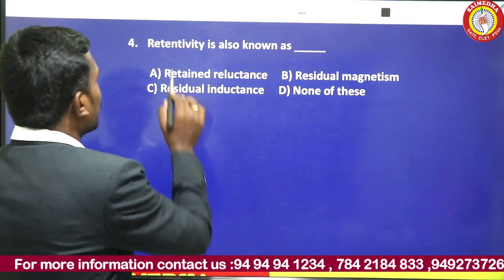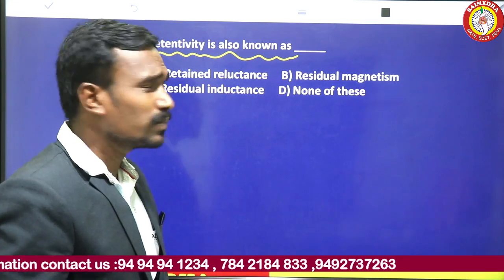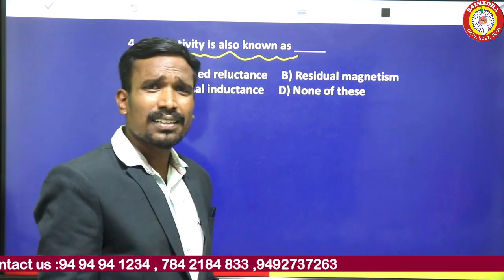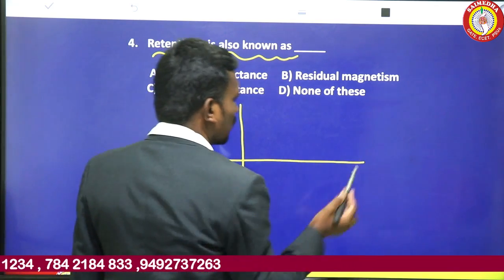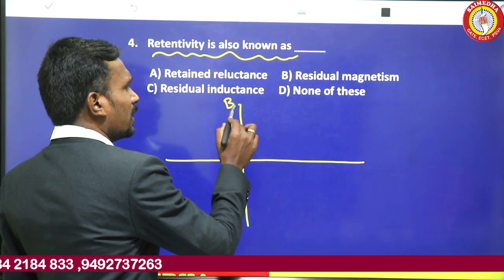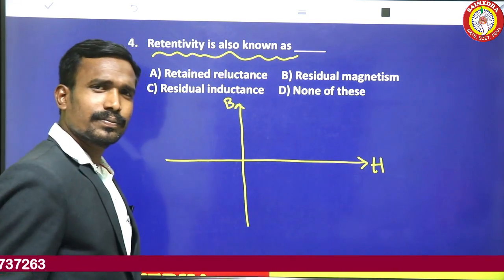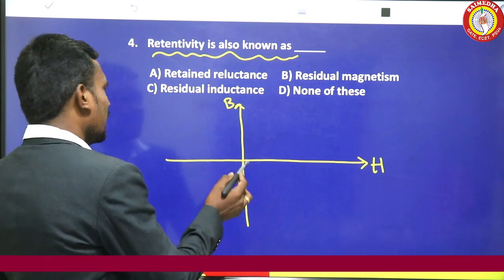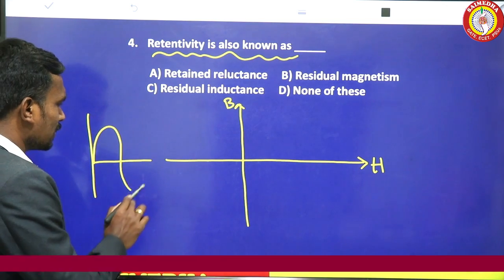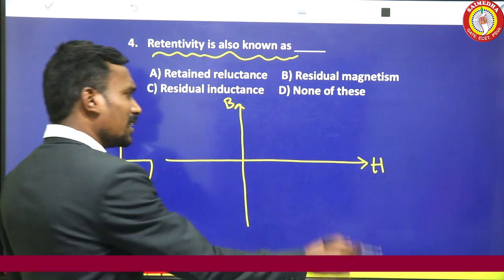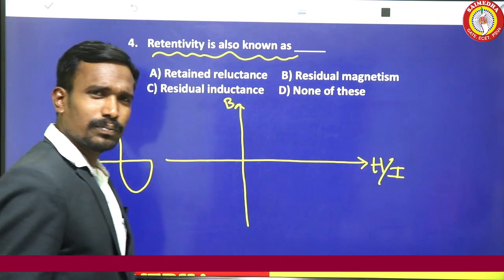What is the question? Retentivity is also known as. To know this answer, we have to go for the BH curve. This is the flux density and this is the magnetic field intensity. Initially, for example, if I am using a sinusoidal supply like this, we can take it as current also, no problem.